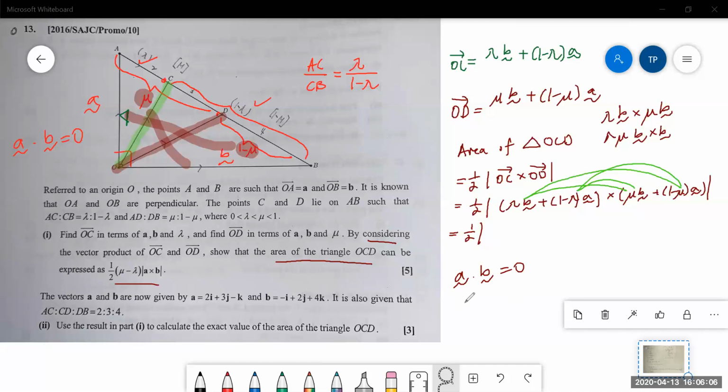Okay. According to the vectors formula, we know that A cross B is equal to mod A mod B sine theta n hat. So what is this theta? This theta is the angle that is between them.